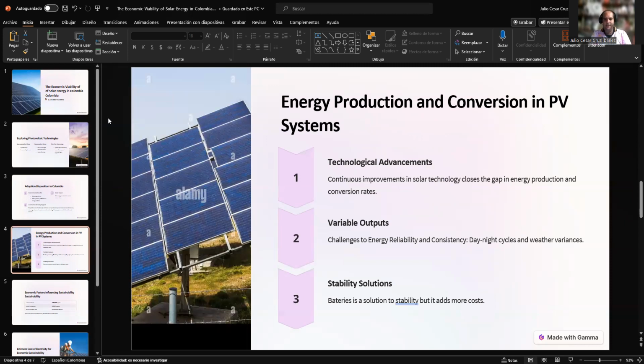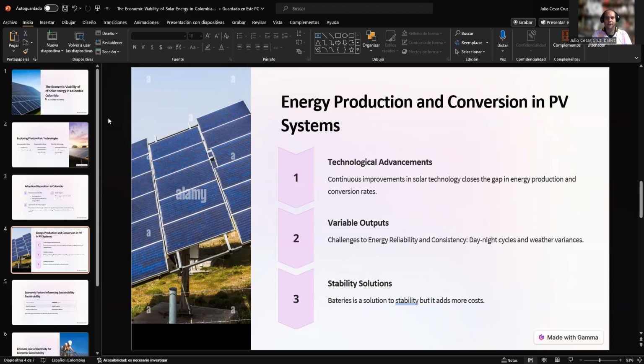Another barrier is the production and conversion rates in photovoltaic systems, because even with continuous improvement in solar energy, there exists a gap in energy production. For example, here in Colombia, the rate of production is more or less 18%, and there is a problem with day-night cycles and weather variances.